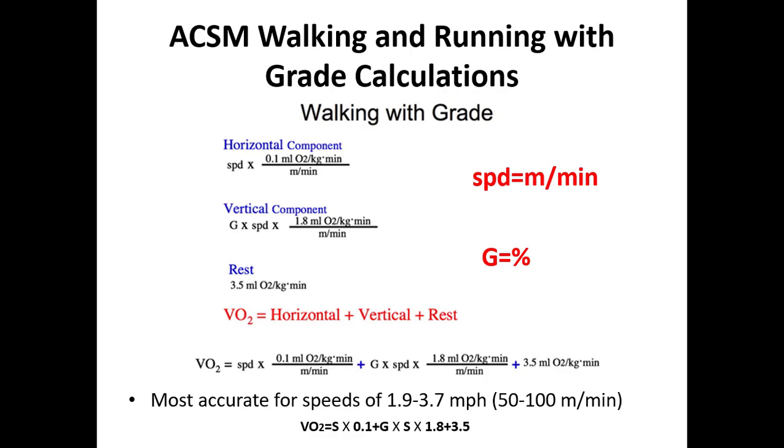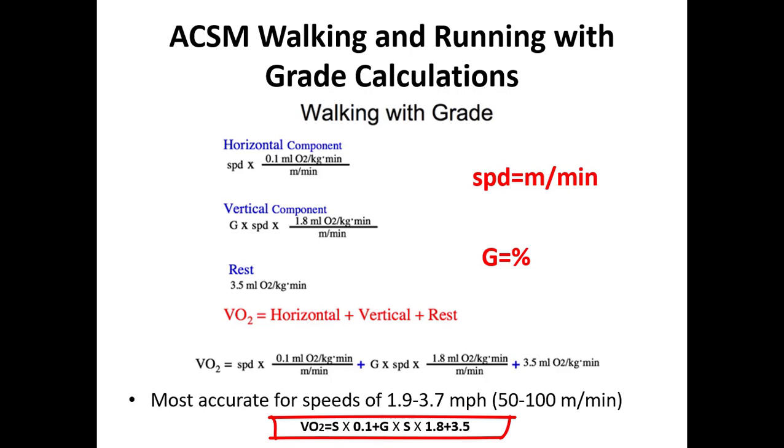And another one, the ACSM equation. Another name is the ACSM metabolic equation. I just put a little bit of numbers here. Oh my goodness, that is complicated. But class, I really want to make it easier for you.